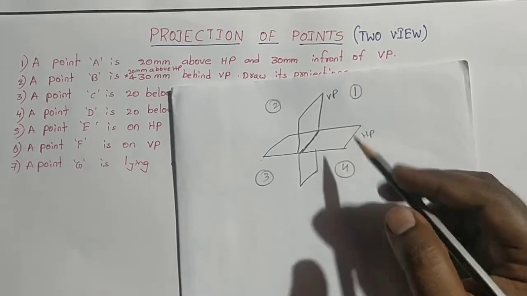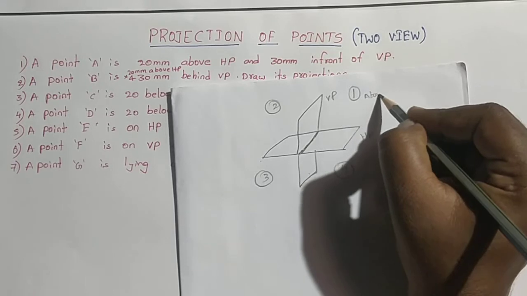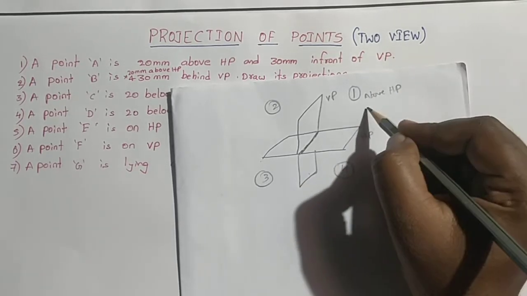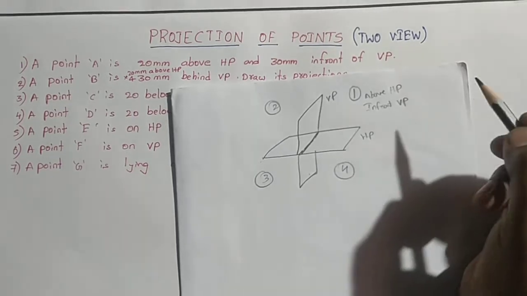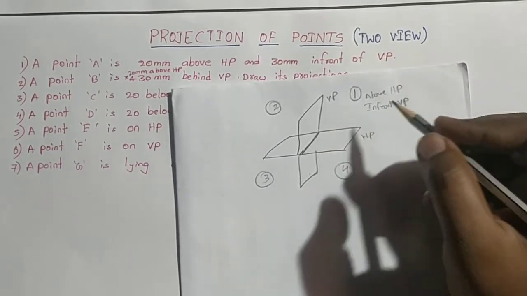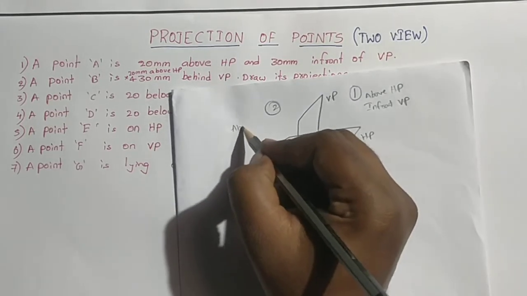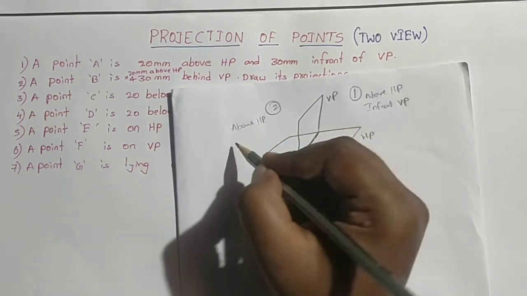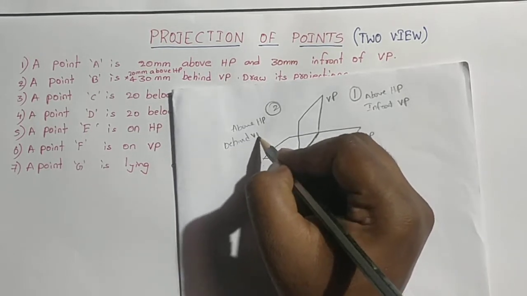In the first quadrant, we know the condition, that is above HP and in front of VP. In the second quadrant, above HP, behind VP.